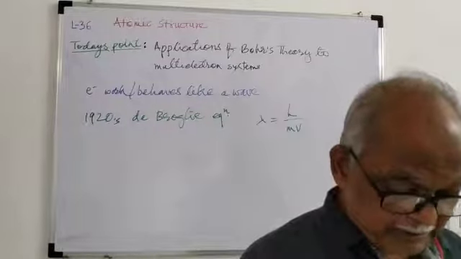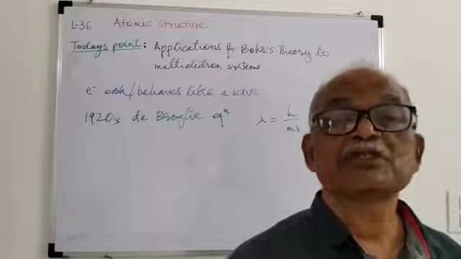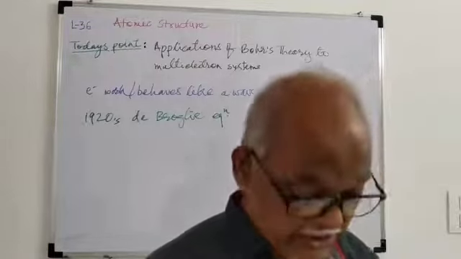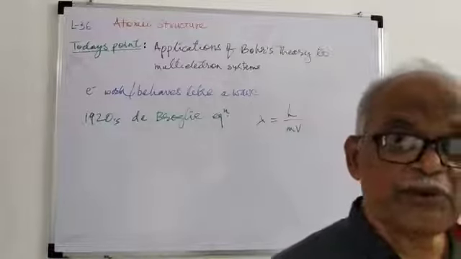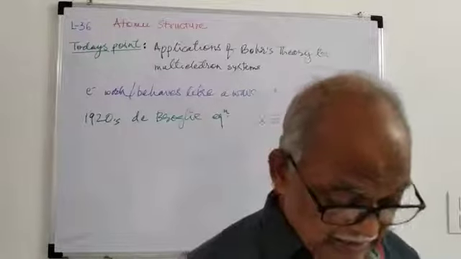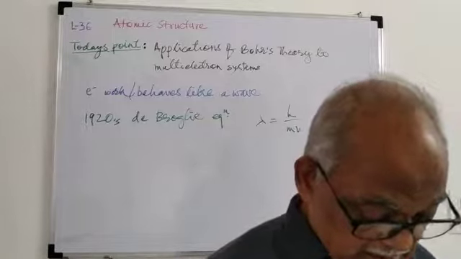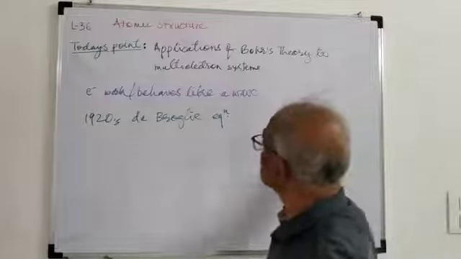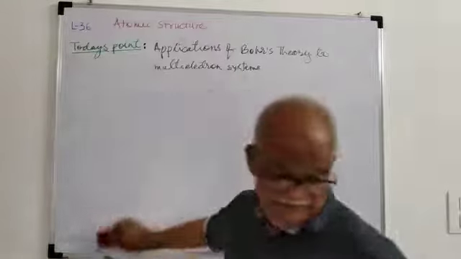According to de Broglie's equation, it shows the properties of wave nature, and this was considered in the form of Heisenberg's uncertainty principle.